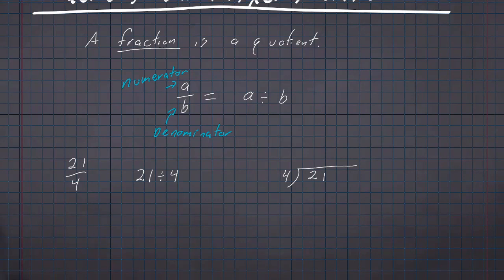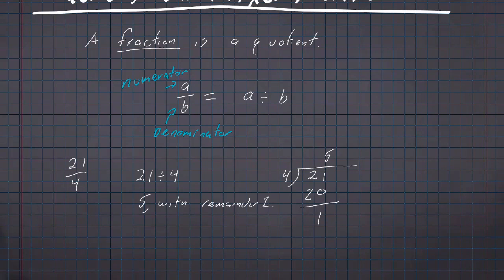Long division, you always err on the side of the smaller value. So 4 goes into 21 5 times, and 5 times 4 is 20. When we subtract that off, we get 1. So we can say that 21 divided by 4 is 5 with remainder 1.